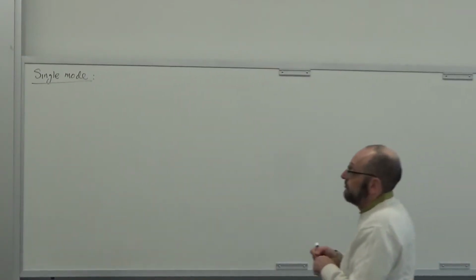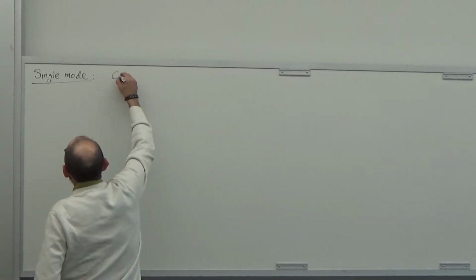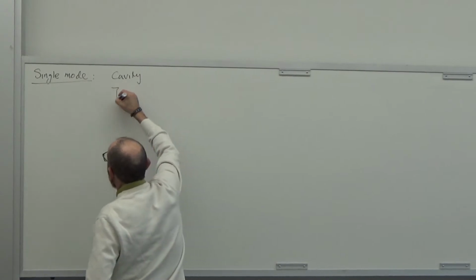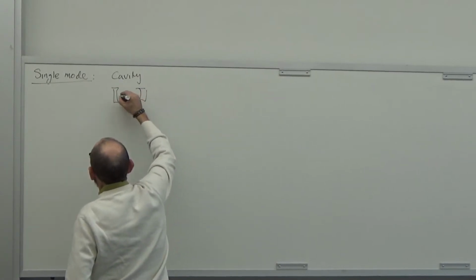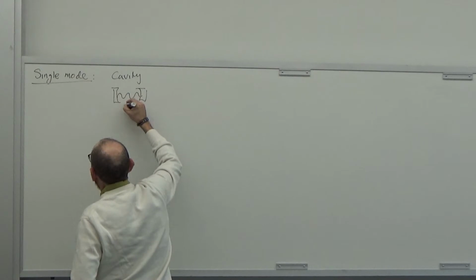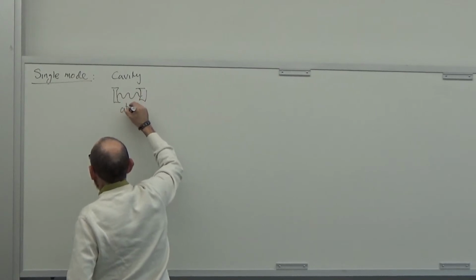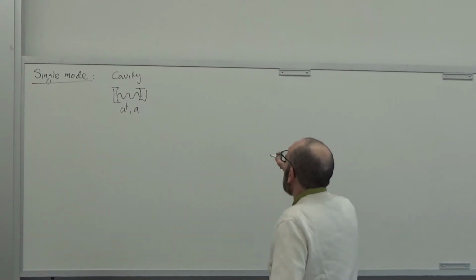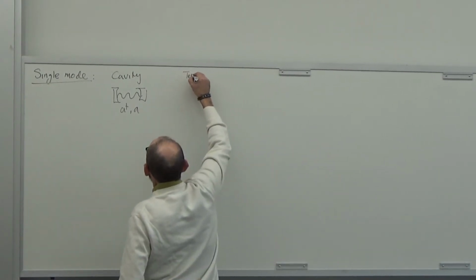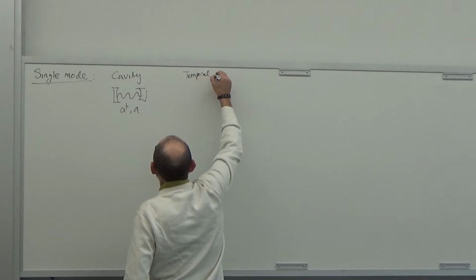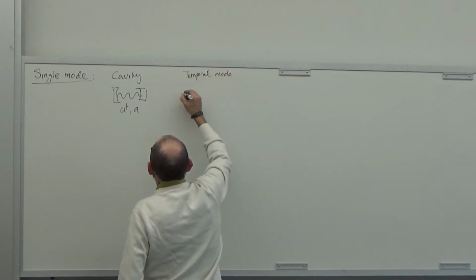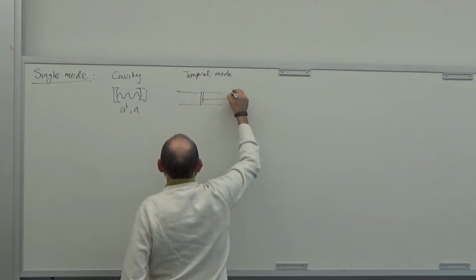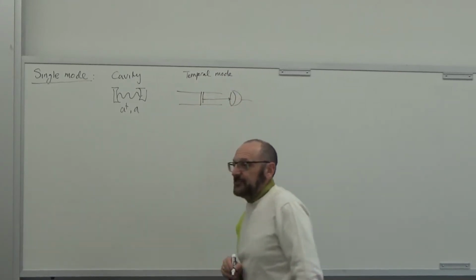The single mode could be in a cavity, or I might have one mode here, and there's a creation annihilation operator associated with that particular mode. Or I might think about a temporal mode, where I'm thinking about a beam, and there's a particular time slice, and that time slice hits.